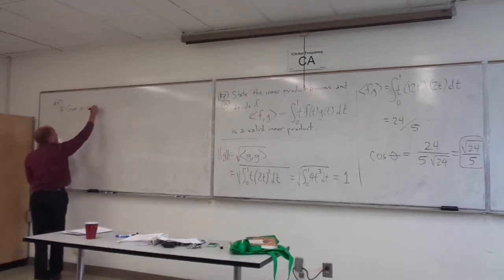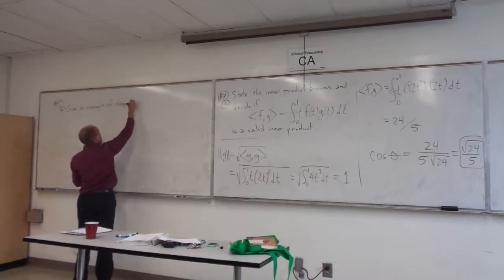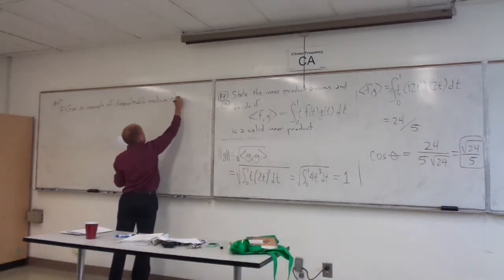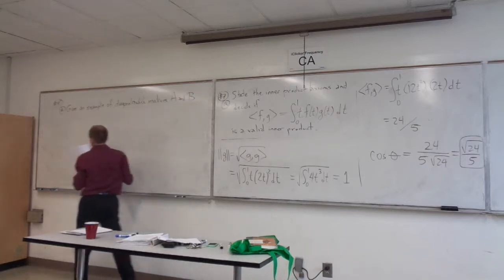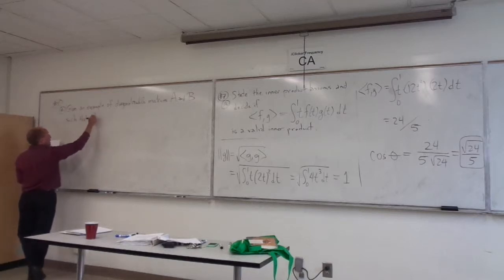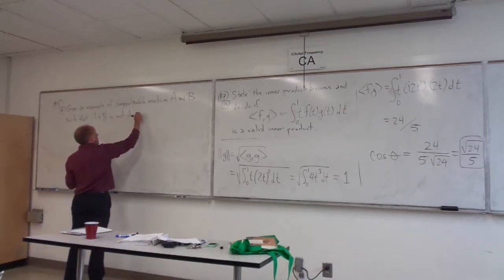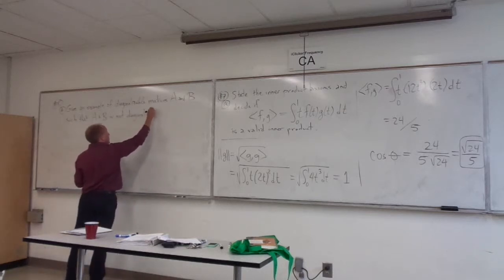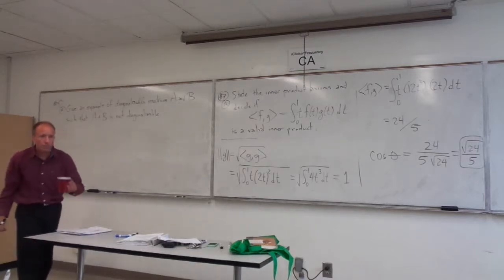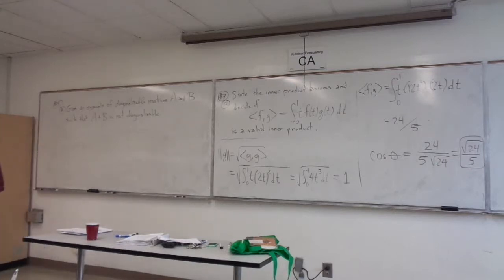Give an example of diagonalizable matrices A and B such that A plus B is not diagonalizable. So we're being asked to give an example here.